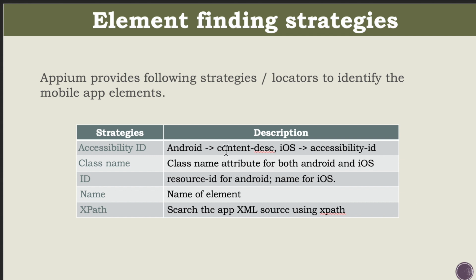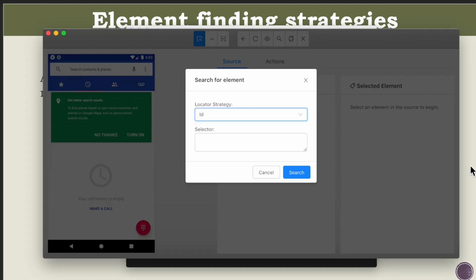You can see content description on Android and accessibility ID on iOS. If you are getting either of these two attributes, then you can use the accessibility ID. Class name is simple. For ID, there could be a resource ID or name, and you can use that as an ID attribute for Appium. Name is name, and XPath you all know. But let's see how we can inspect these strategies using Appium Inspector.